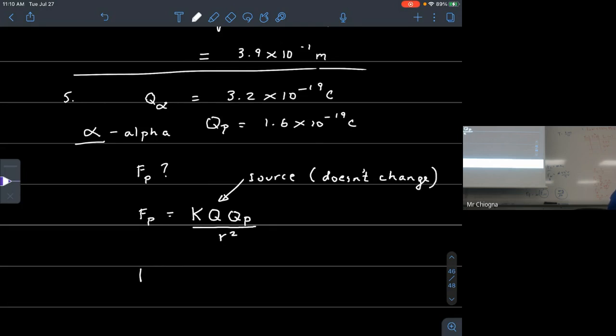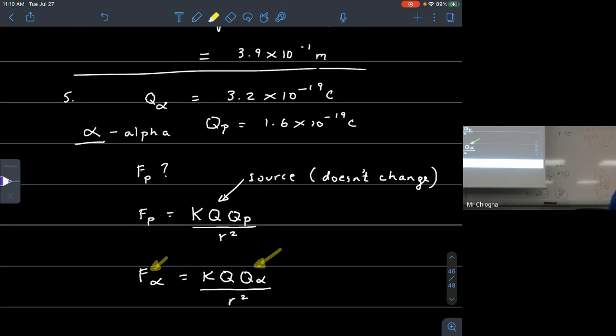Okay, for the alpha particle, it's the same source, except now we're going to switch it from a P to an alpha. Why is it a different force? Why did I put force alpha? Because it's a different charge that's acted on. It's an alpha.